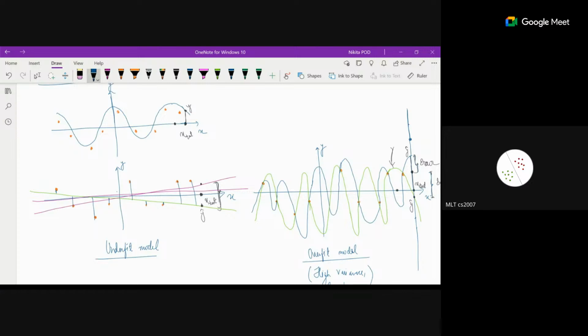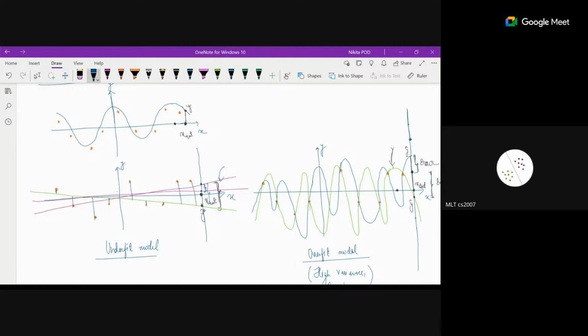Since one would fit this linear model, the error that one can get, where my true Y was supposed to be here: for this line, the error is almost zero, no error. For this line, you are going to get this much error. For some other line that one might fit, maybe I'll get this much error. So the error for these underfit models is not too high.